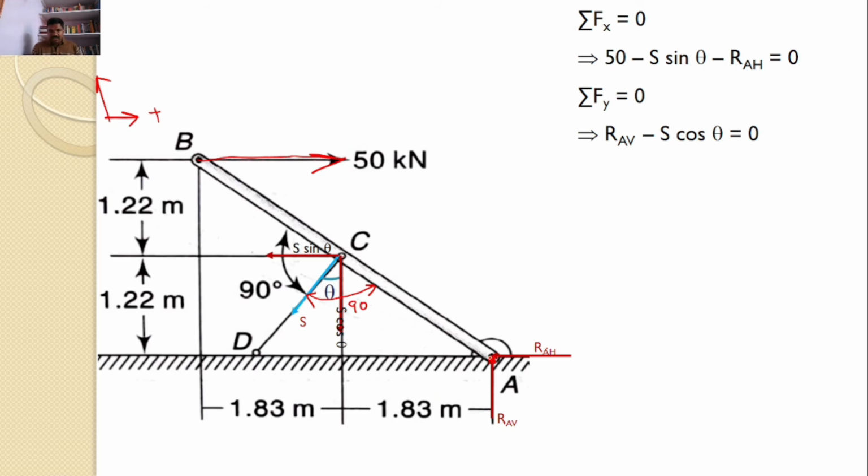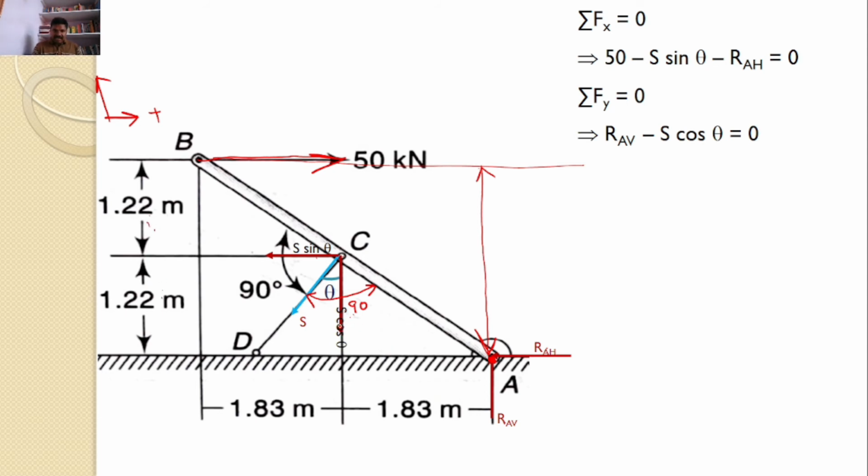Now let us take the moments about point A. All three forces will introduce a moment. I need to find the distances first. This is the line of action of the 50 kilonewtons, and the distance from the line of action to the point of moment is given as 2.4.